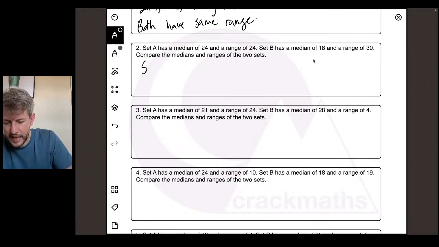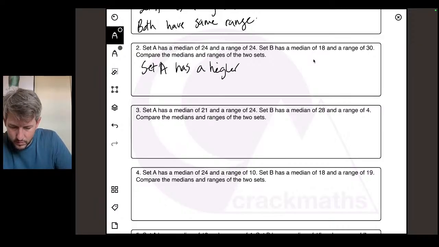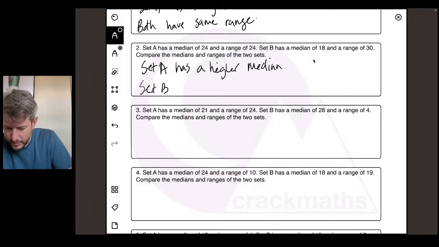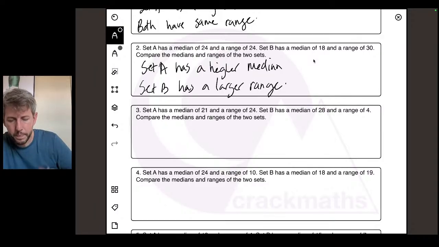Or we could just say set A has a higher median, set B has a larger range. Okay.